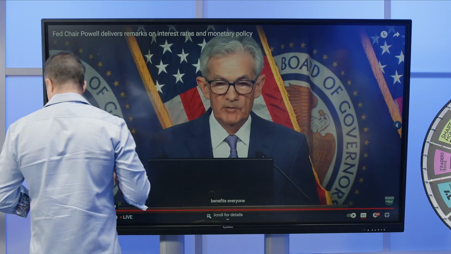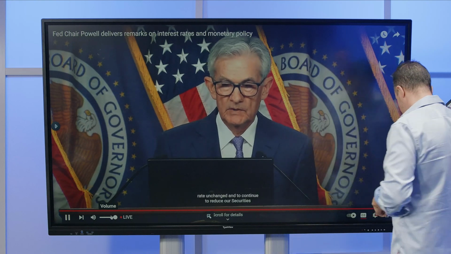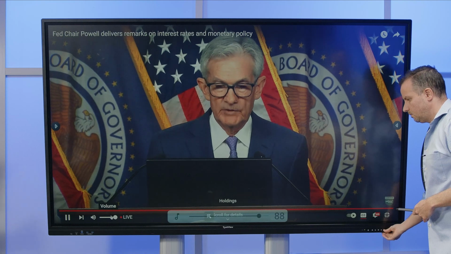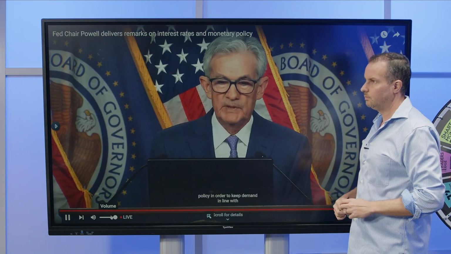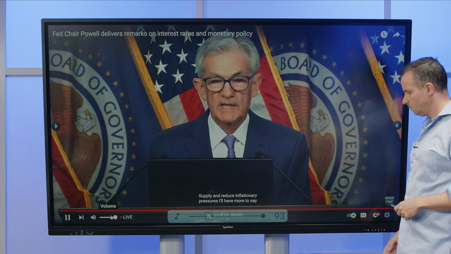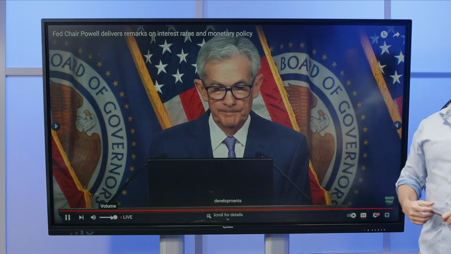Today, the FOMC decided to leave our policy interest rate unchanged and to continue to reduce our securities holdings. We are maintaining our restrictive stance of monetary policy in order to keep demand in line with supply and reduce inflationary pressures. I'll have more to say about monetary policy after briefly reviewing economic developments.